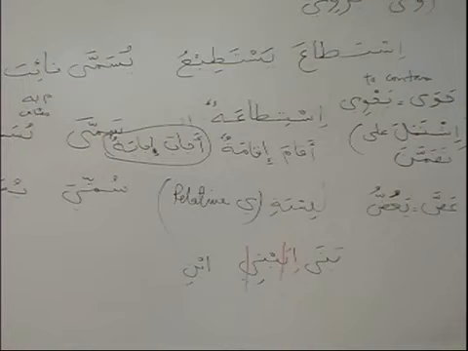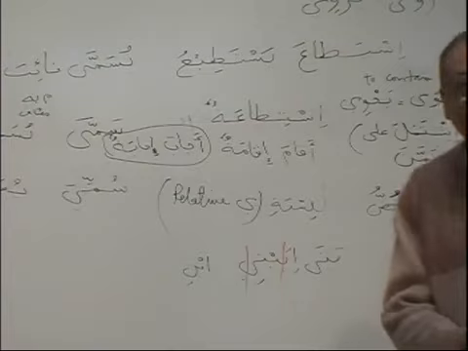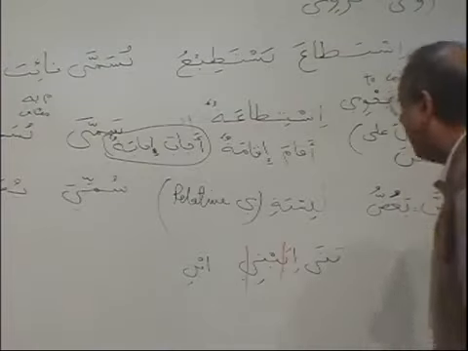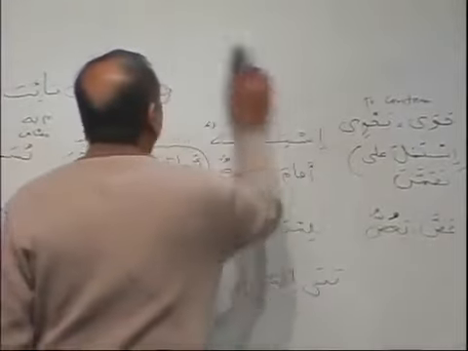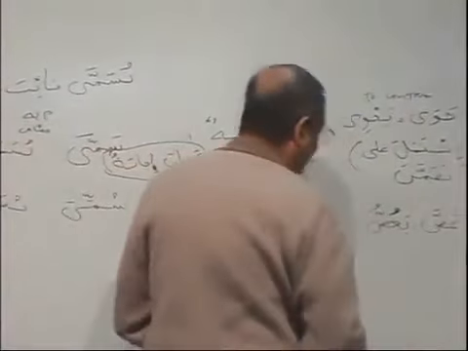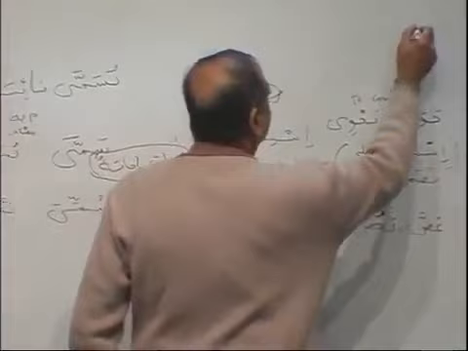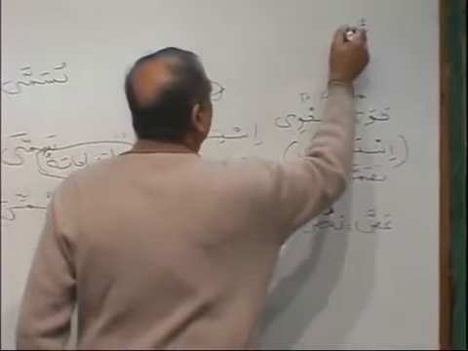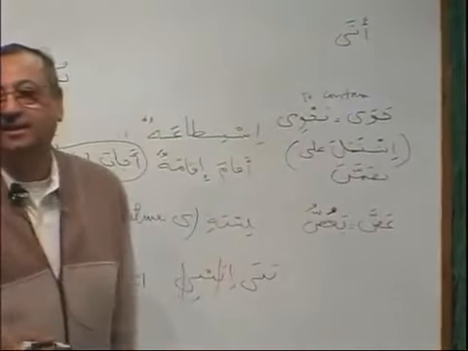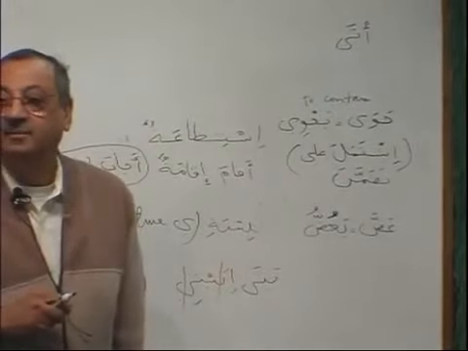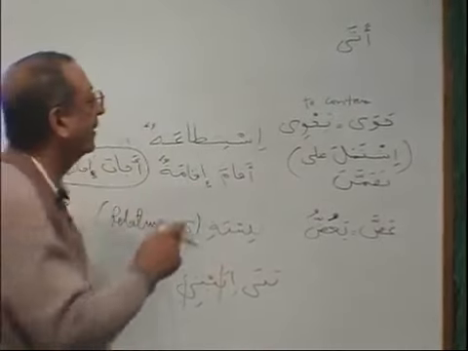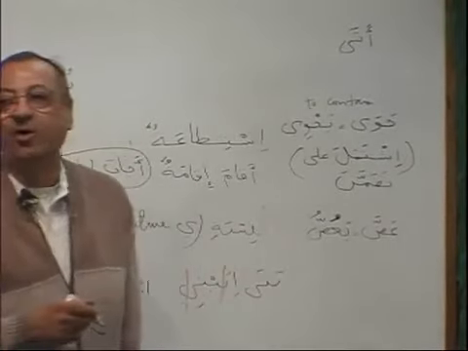Whatever I do will take our time away from the dars, but it will make you strong. And I want you to get used to all these things, brother. What is this? Ata. Ata will have one maf'ul bihi. Got the idea? Okay. Now change it into form 4.